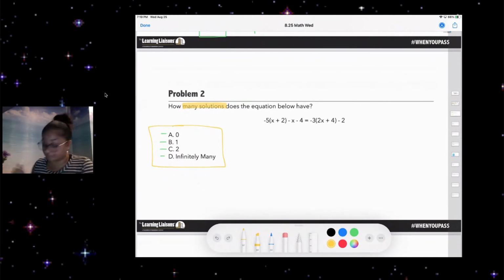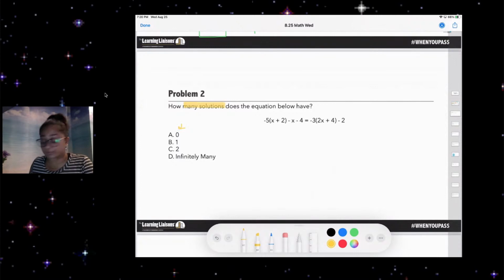So let's try some plug and chugs. Remember, we're looking for how many solutions. I like the lower numbers, so I'm going to use 0, 1, and 2, but that doesn't mean they're the number of solutions. I'm using those numbers to see if I can get true statements.